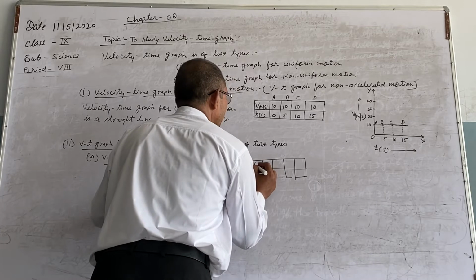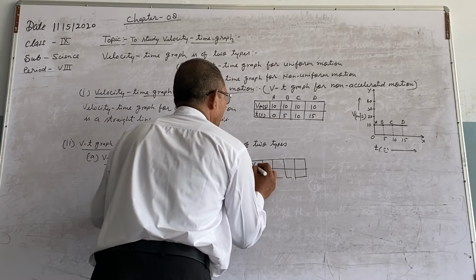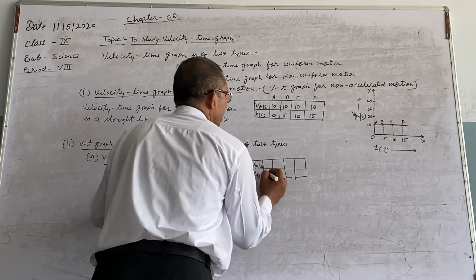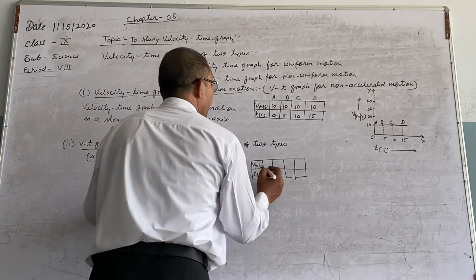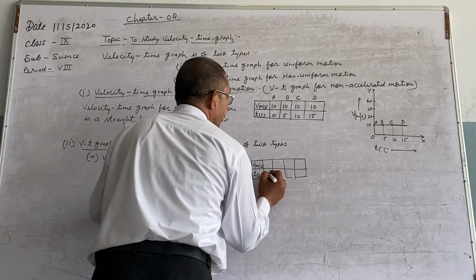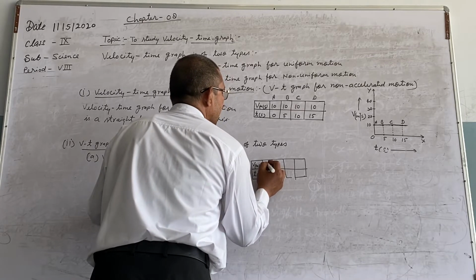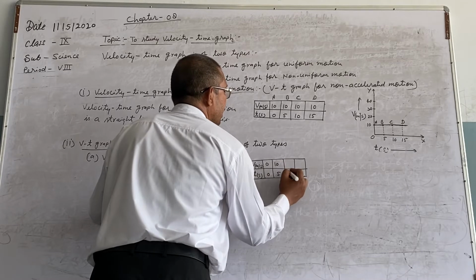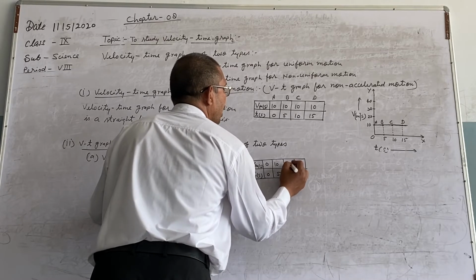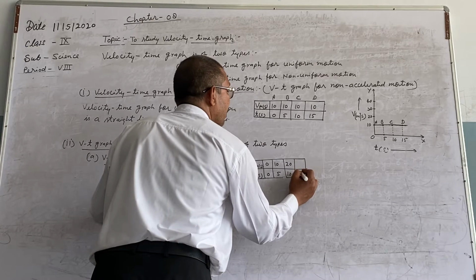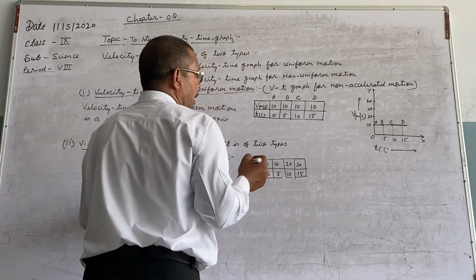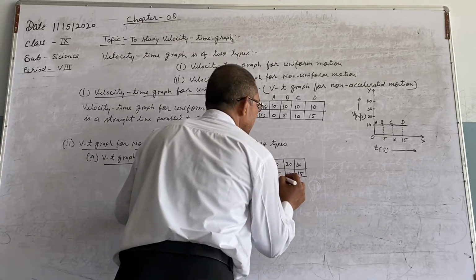This is velocity, this is time, meter per second, time in second. See here, at time t0, let velocity is 0. After 5 seconds, let this is 10 meter per second, 10 seconds, 20 meter per second, and after 15 seconds, this is 30 meter per second.